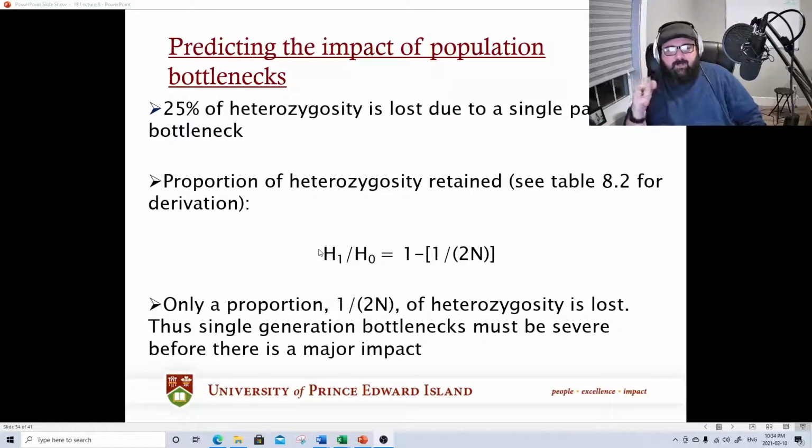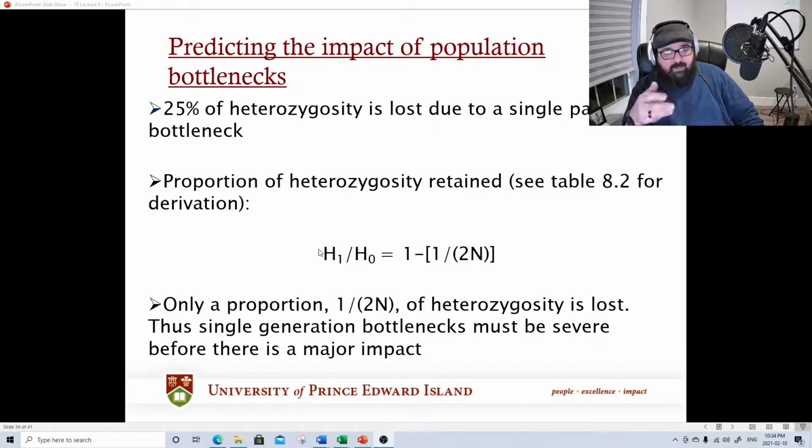In fact, we have an equation that I want you guys to get good at. This is one of the ones I'm going to ask you about a lot, where we look at the proportion of heterozygosity retained from a single generation bottleneck. H1 is the heterozygosity after the bottleneck, and H0 is the heterozygosity before the bottleneck.